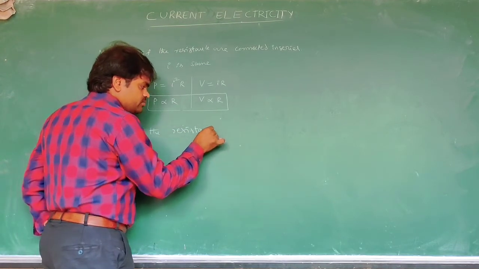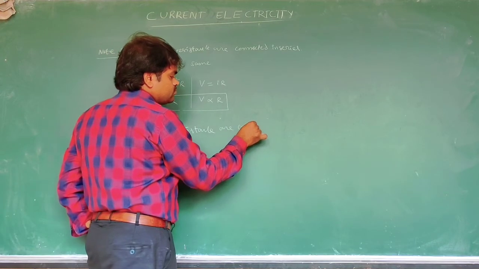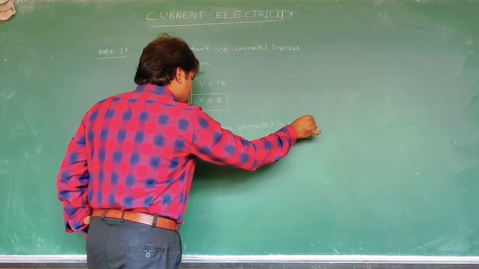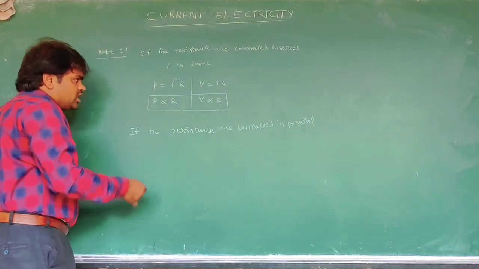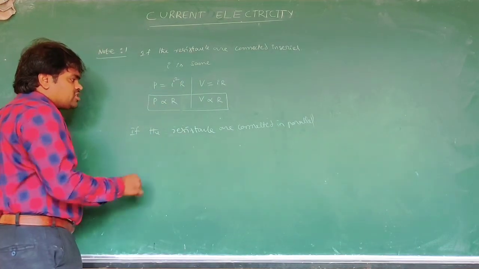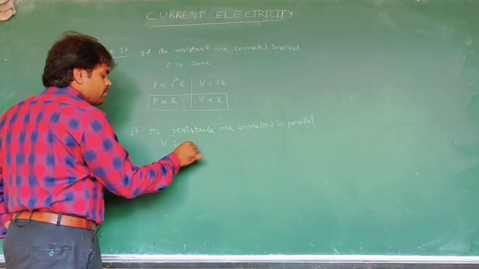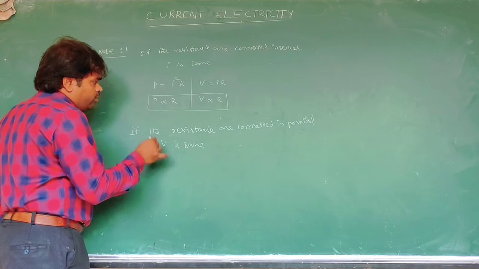Now, if the resistances are connected in parallel, that means the potential difference is the same. Which formula can we use?